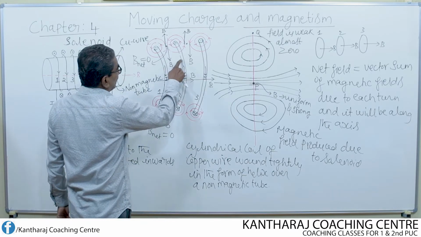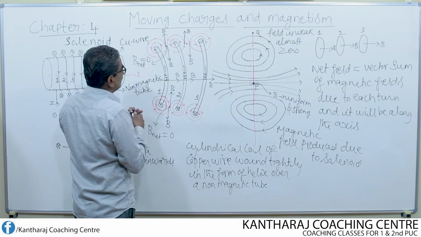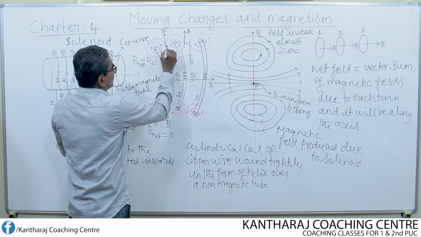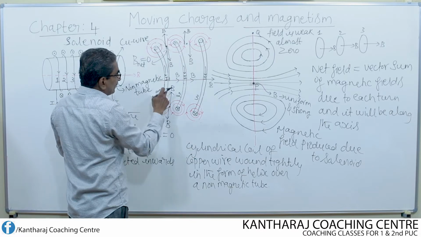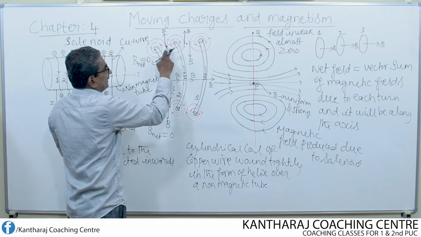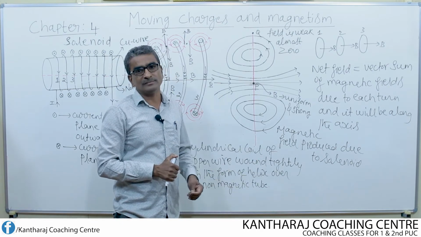Then between any two turns, perpendicular to the axis. Look here, if this is the axis, the field lines are perpendicular. So perpendicular to the axis between any two turns, the magnetic field is 0.